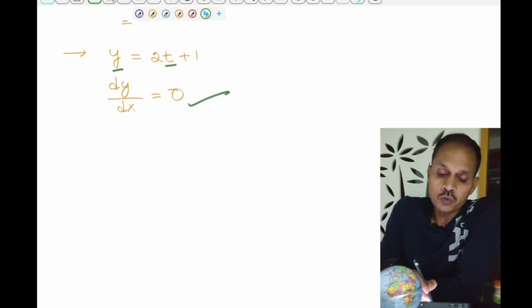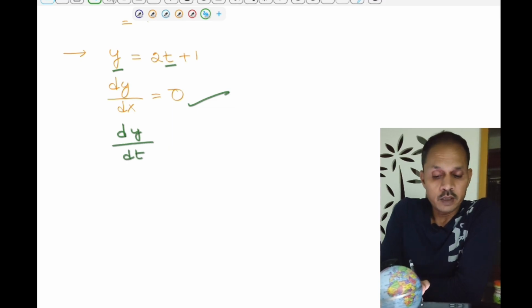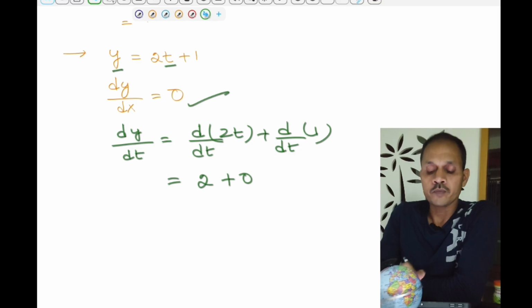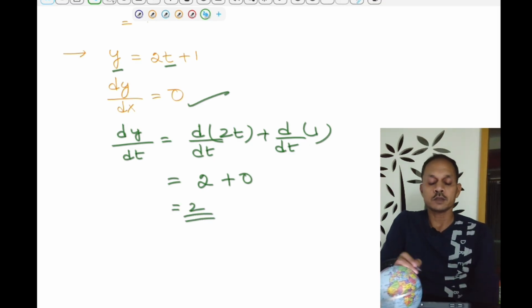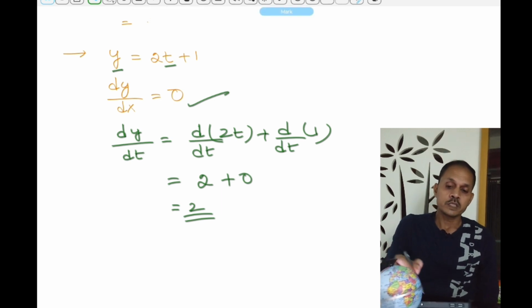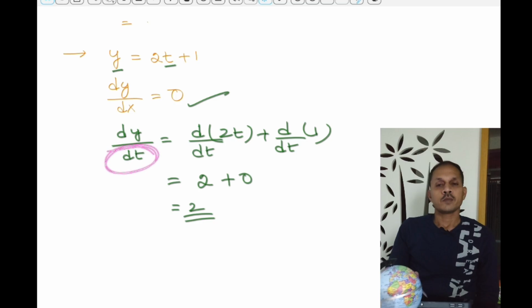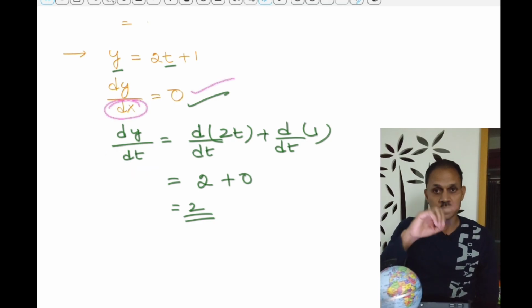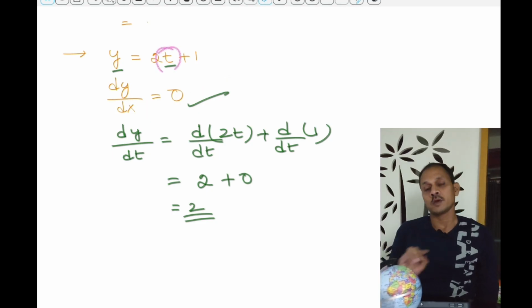If I do differentiation of y with respect to t, then I will get d by dt of 2t plus d by dt of 1, which is 2 plus 0, which is 2, when I differentiated with respect to t. But when I ask differentiating with respect to x, the answer is 0, because the function belongs to t, not x.